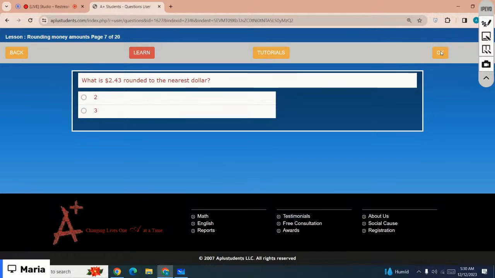What is $2.43 rounded to the nearest dollar, which is the correct option? $2.43 is rounded to $2. The correct option is 2, right?